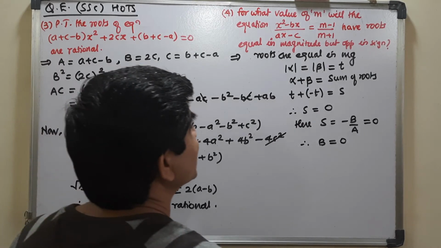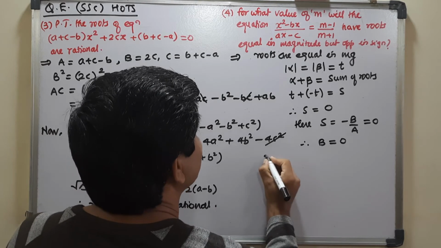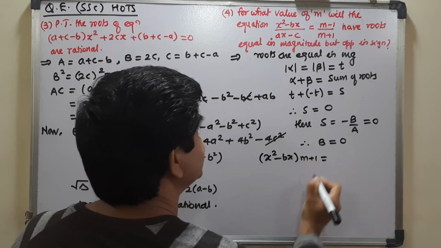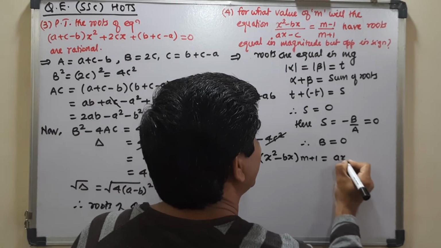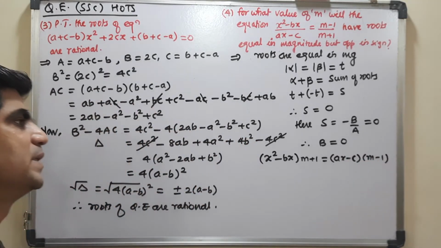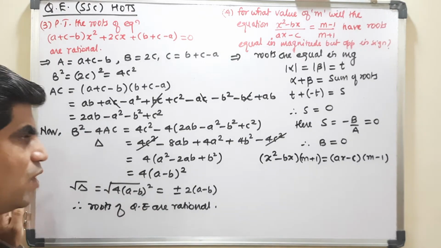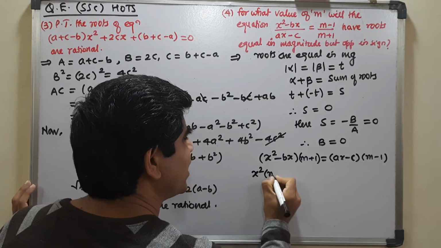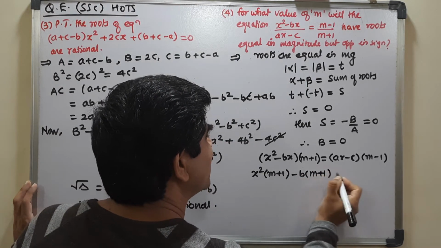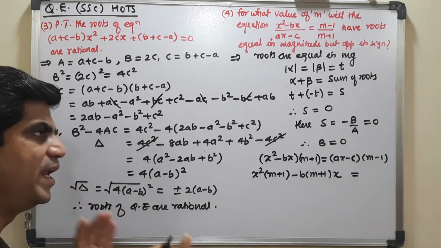So what I get here on cross multiplication is x square minus bx into m plus 1 is equal to ax minus c into m minus 1. Agreed? So I will multiply it. So I get x square into bracket m plus 1 minus b into bracket m plus 1 into x is equal to, see what I am doing, I am not opening it up.